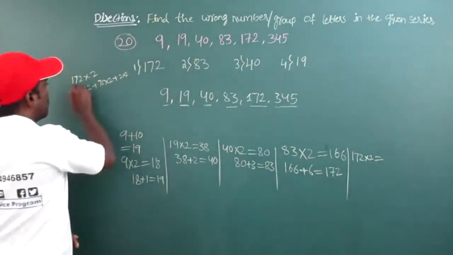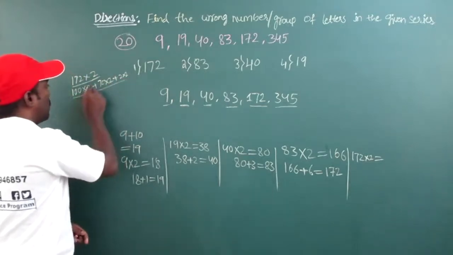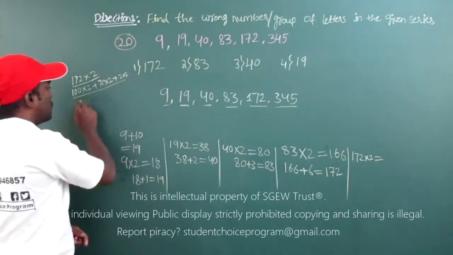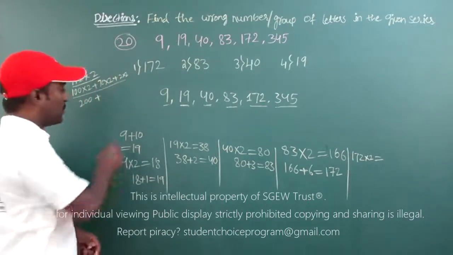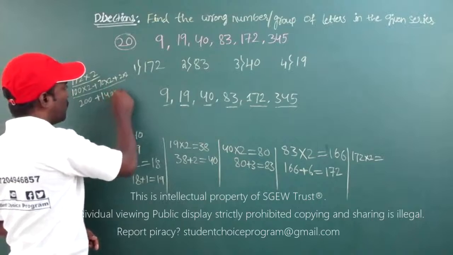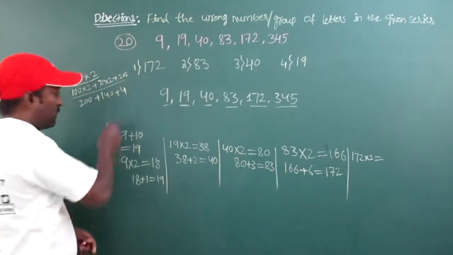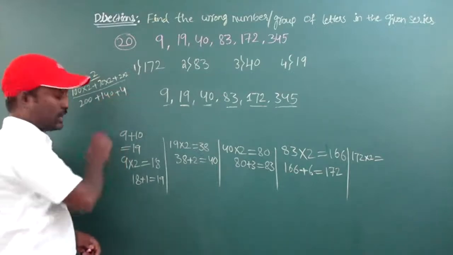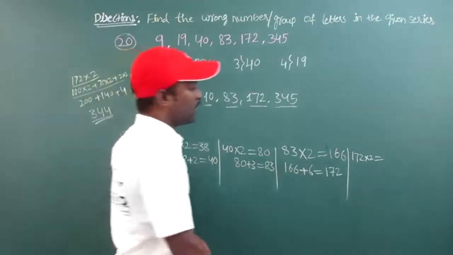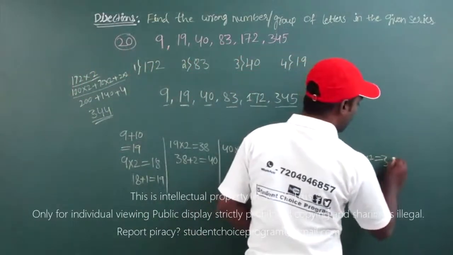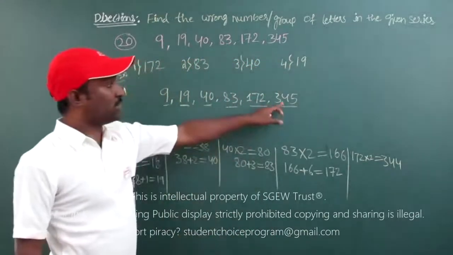Now what is 100 into 2? Yes, it is 200. What is 70 into 2? 140. What is 2 into 2? Yes, it is 4. 200 plus 140 is 340. 340 plus 4 is 344. So 172 into 2 will give me 344.